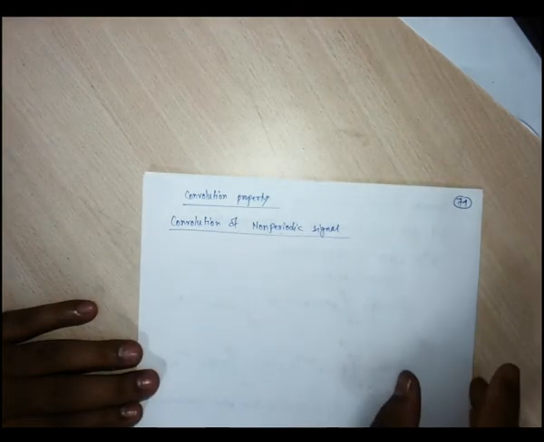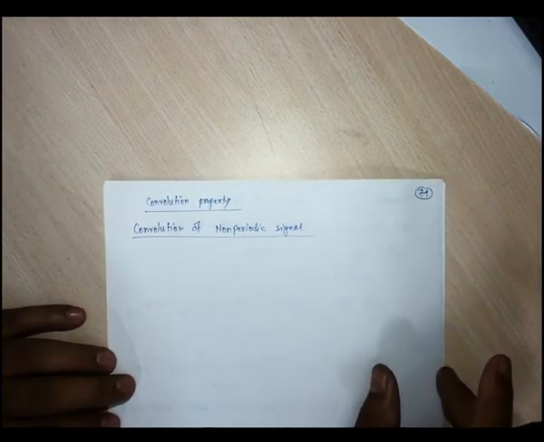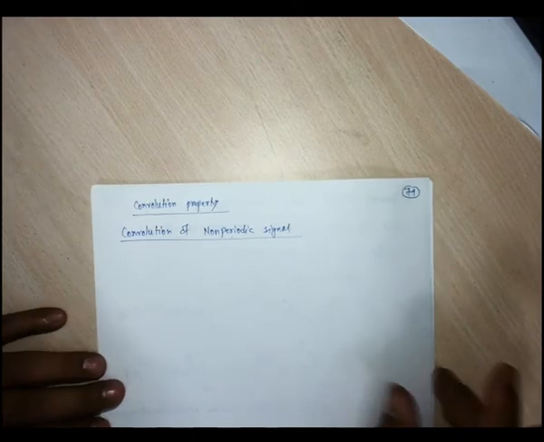Let us consider the convolution of two non-periodic continuous time signals x(t) and h(t).